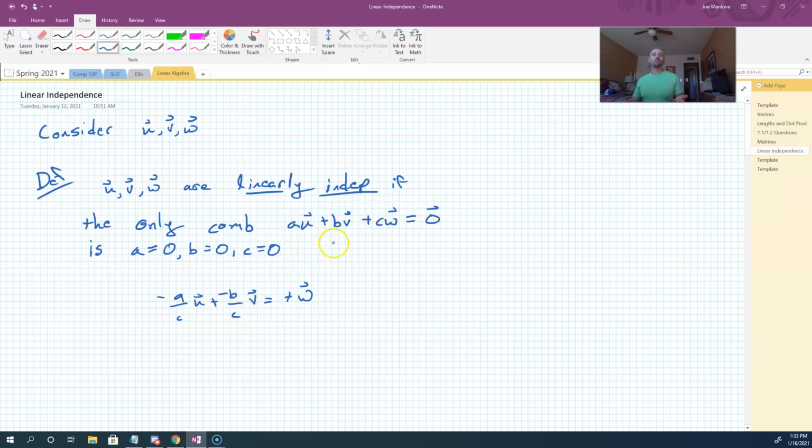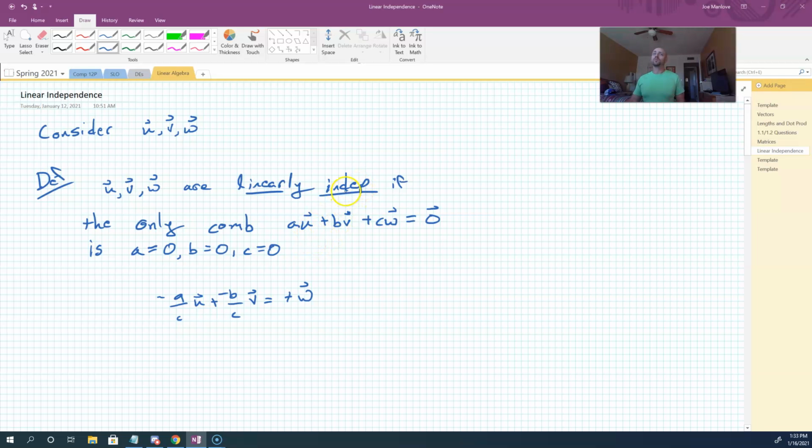In the case that one of these is allowed to be 0, but the other two aren't, you maybe have a little more work to do. But rest assured that some one of them is in a plane made by the other two. Or at least it's in a line made by the other two. Or they're all zero, in which case they're definitely not going to be a linearly independent set.